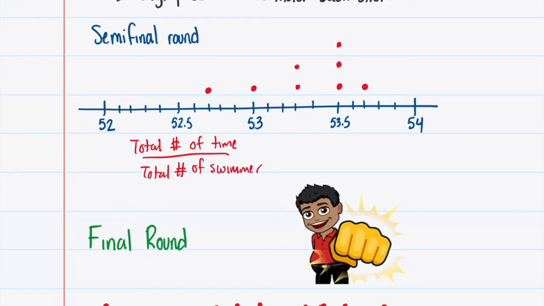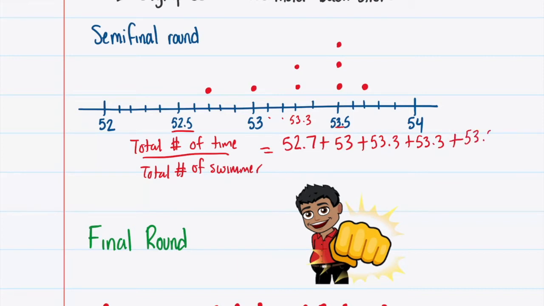So in this case, what do we have? Let's write them down. That's 52.5. We're going by 0.1, you see? So this is 52.7 plus 53 plus 53.1, 53.2, 53.3. There's 2 of them, 53.3 plus 53.3, plus how many fives? 3 of them.